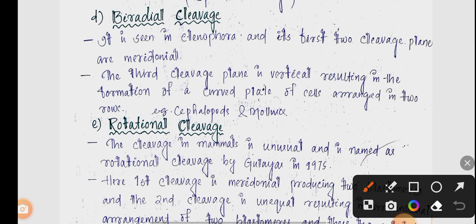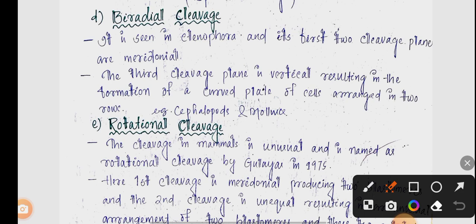Number 4, biradial cleavage. It is seen in Ctenophora, and its first two cleavage planes are meridional. The third cleavage plane is vertical, resulting in the formation of curved plates of cells arranged in 2 rows.